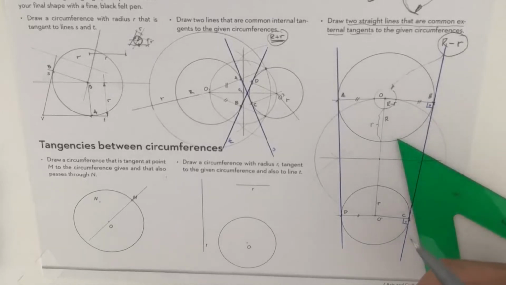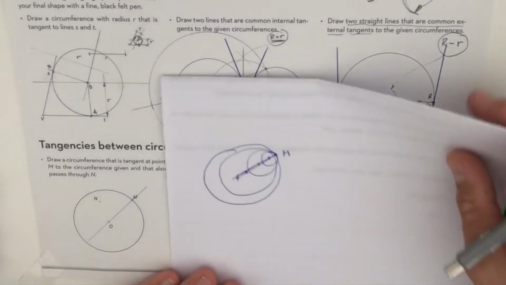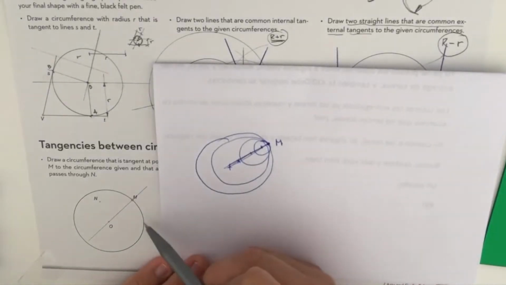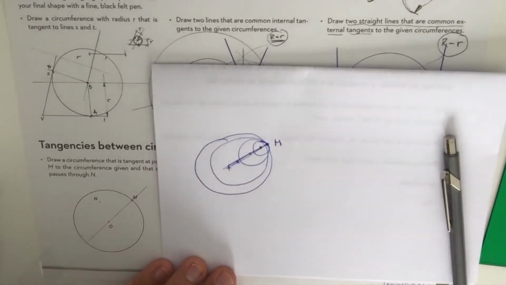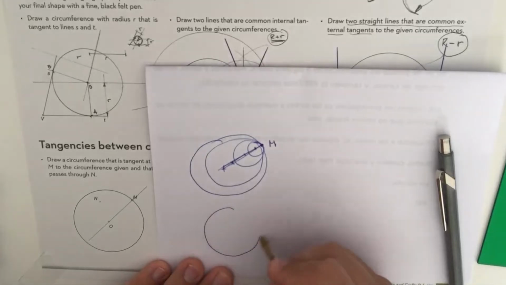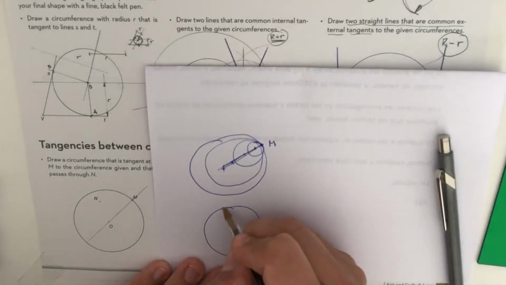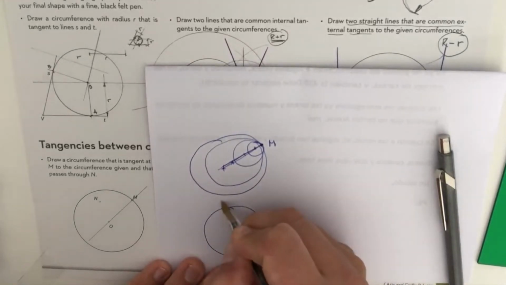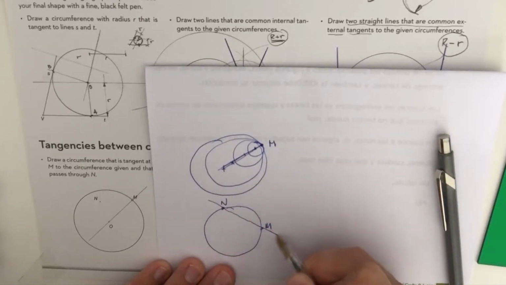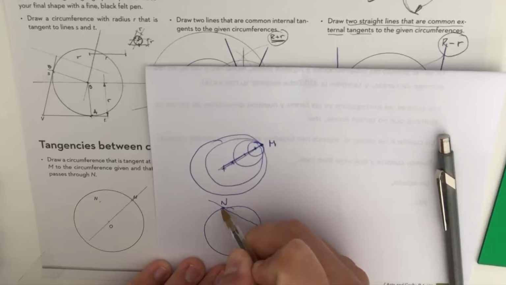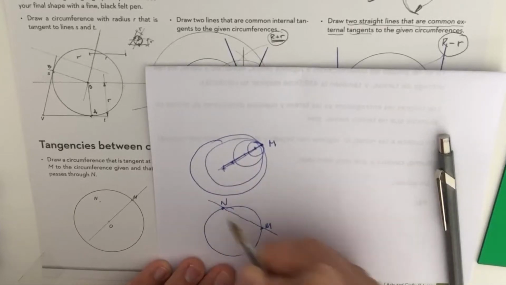Next thing, that's another part of the theory that says that if we want to find the center of a circumference, for example like this, and we have 2 points, N and M, the center will be in the perpendicular line that goes through the middle of this segment.